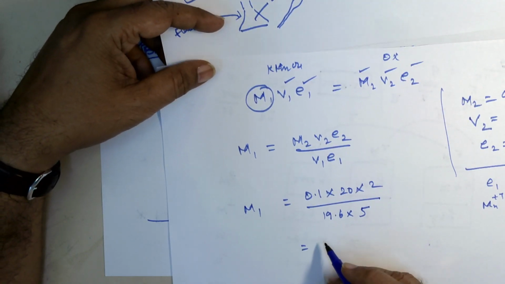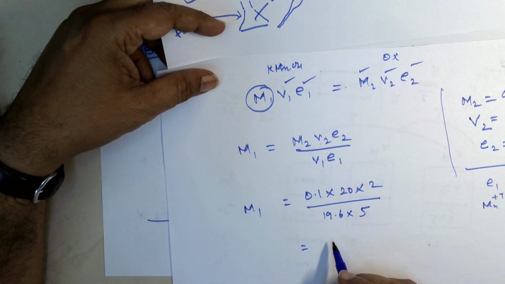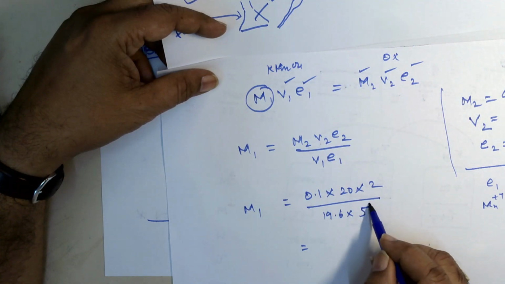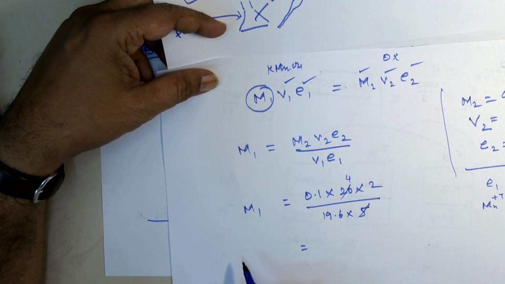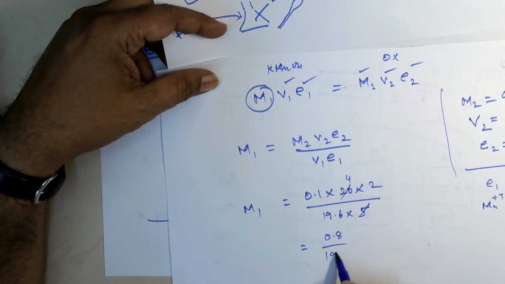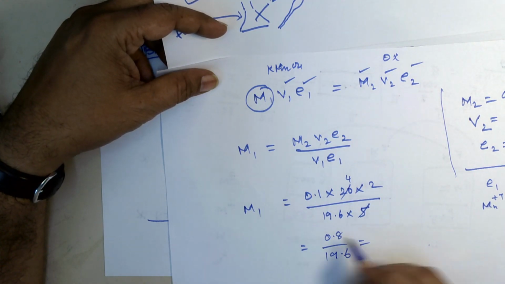Get me the value. 1.020. Now please check once again. 1.020 M. Is it correct? See, 0.1 times 20 times 2, 4 twos are 8, so 0.8 divided by 19.6. Tell me. 0.04.